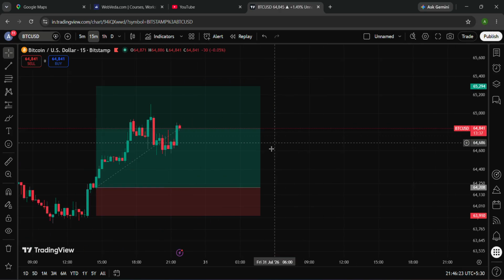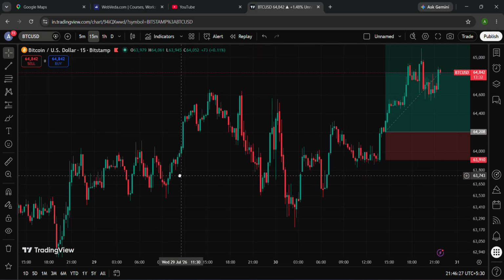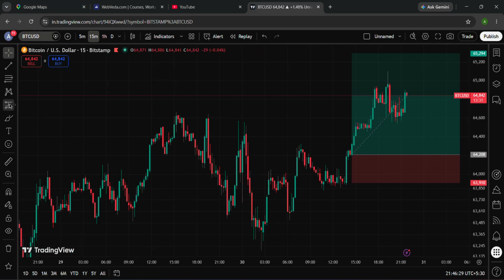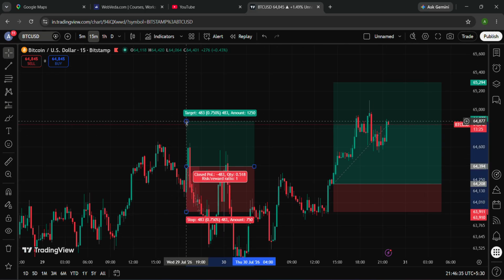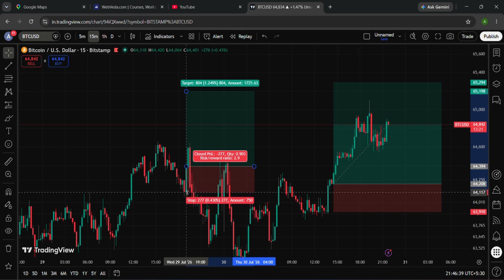Let me show you again with a contrary example. I was thinking to hit my profit level like that, and that was my SL level.